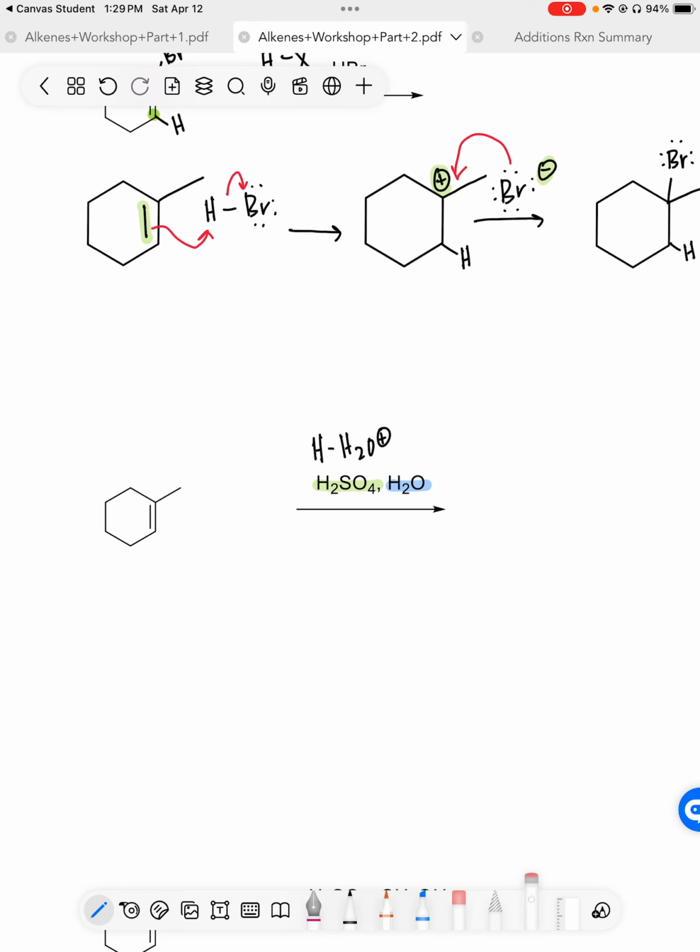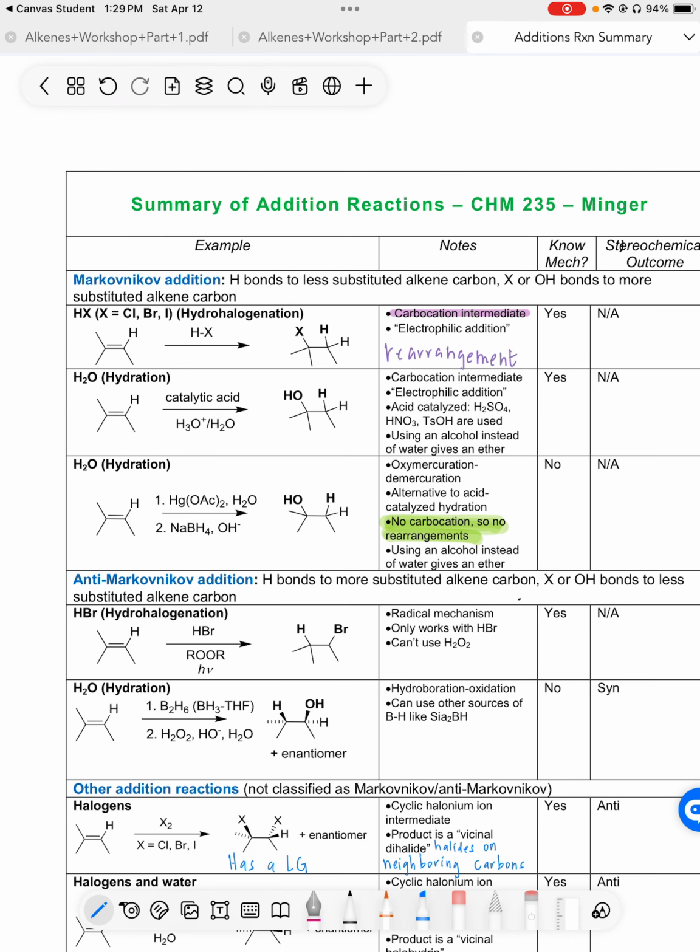It's the acid. All right, so we want to ask ourselves, is this Markovnikov or anti-Markovnikov? And if you haven't memorized your reagents yet, that's okay. You can look at your addition reaction summary. And we see that we have a catalytic acid, H2SO4. And down here, he's even written what it breaks down into, which is H3O, H2O.